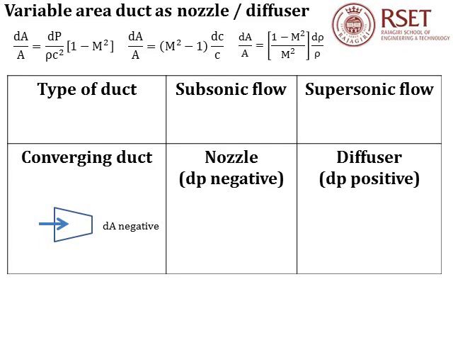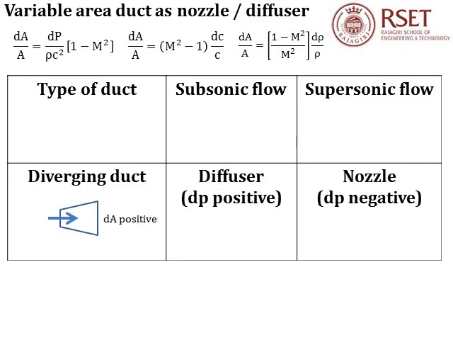So we can conclude that when a supersonic flow passes through a converging duct, the pressure increases, that is dP is positive, velocity decreases, that is dC is negative, and density increases, that is d rho is positive. Hence, for a supersonic flow passing through a converging duct, the converging duct acts as a diffuser.